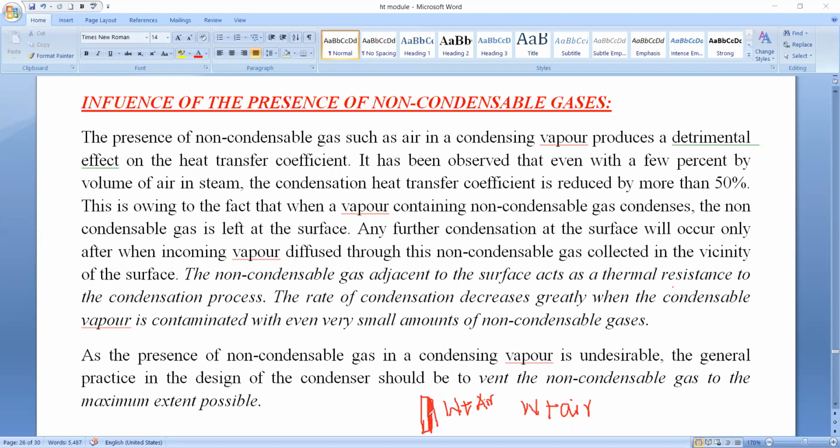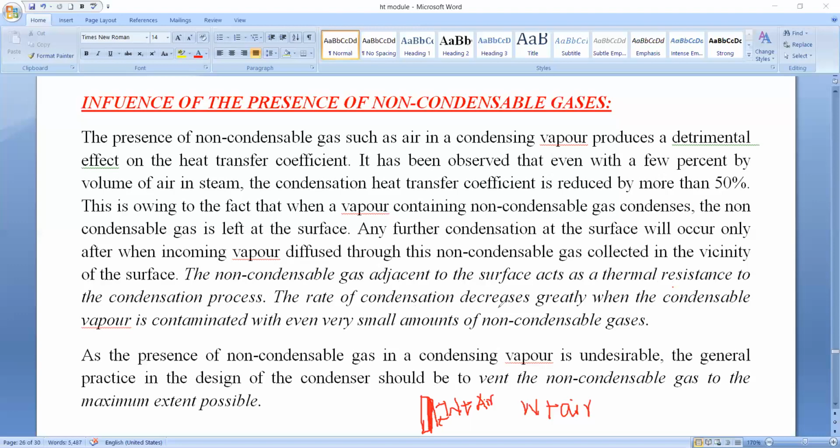So this layer of non-condensable gases will act like a barrier for further heat flow, thereby considerably reducing the condensation rate. So it will have a negative impact on the condensation process. Non-condensable gases adjacent to the surface act as a thermal resistance to the condensation process.